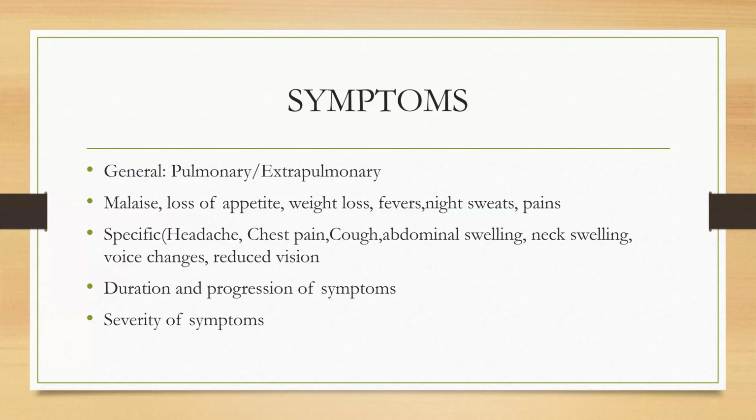So think about all those things. Then a patient may come with reduced vision. You can also have ocular TB. So when a patient complains of reduced vision, don't just think of the usual suspects. You should also think TB.